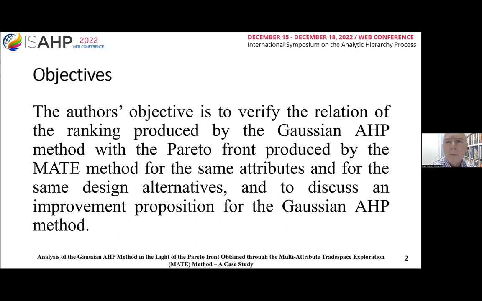Our objective was to verify the relation of the ranking produced by the Gaussian AHP method with the Pareto front produced by the MADE method for the same attributes and for the same design alternatives, and to discuss an improvement proposition for the Gaussian AHP method, which, by the way, was a method proposed in the same conference last year by a group of Brazilian researchers, in a seminal paper published here in the AHP conference in 2021.